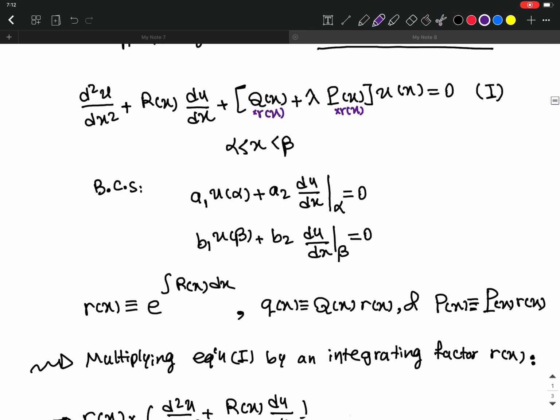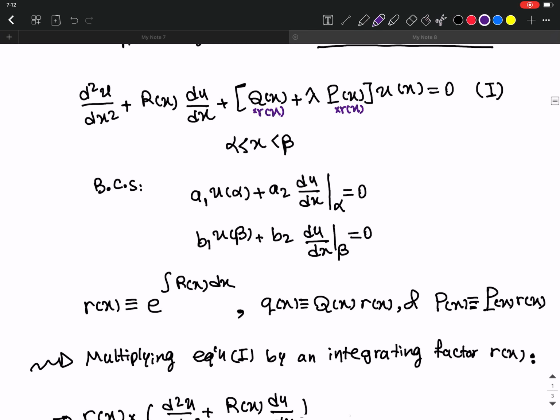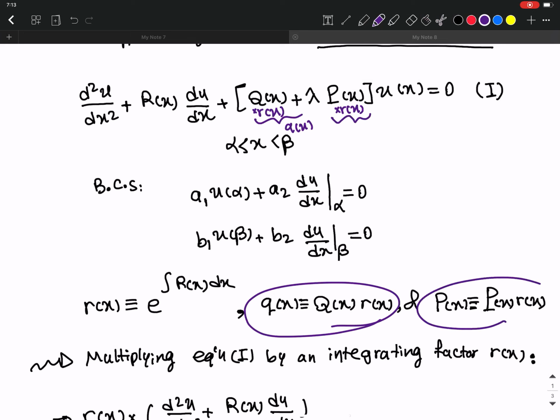From here, we defined this small q(x), so we are going to get q(x). And for this one, p(x) times r(x) is going to be small p(x). So you are going to get this one.